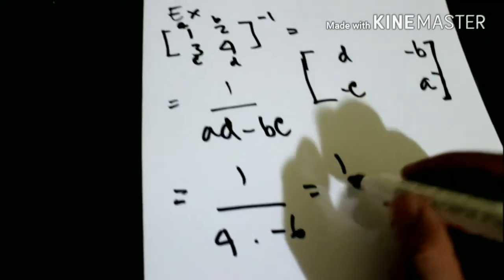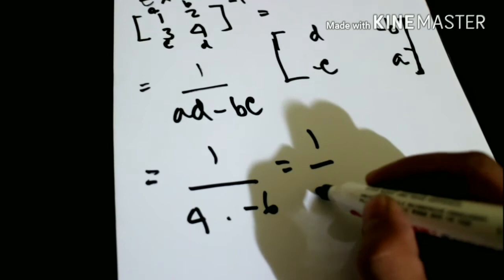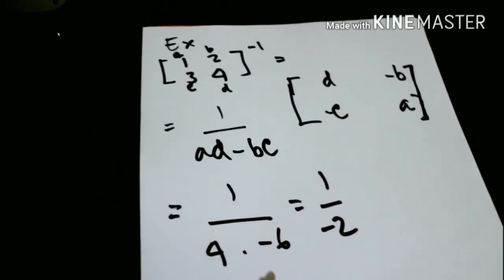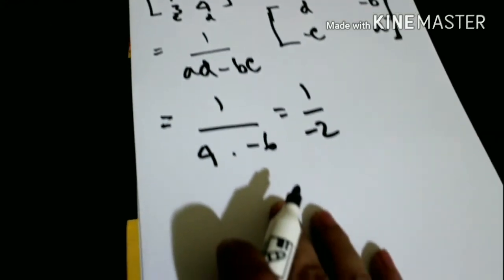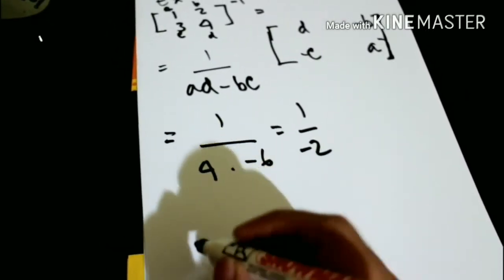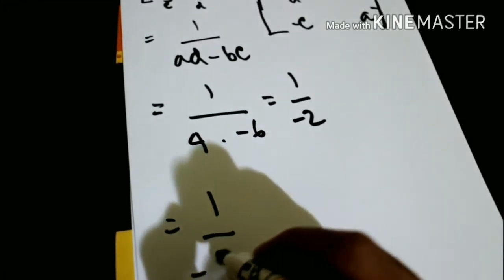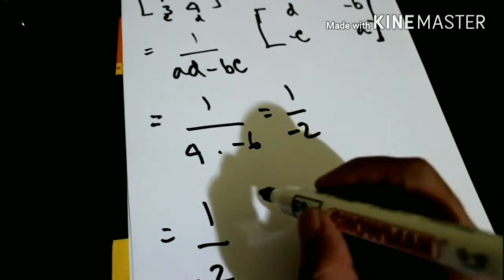Then we get the result, which is 1 over negative 2. After this we got the determinant, which is 1 over negative 2.